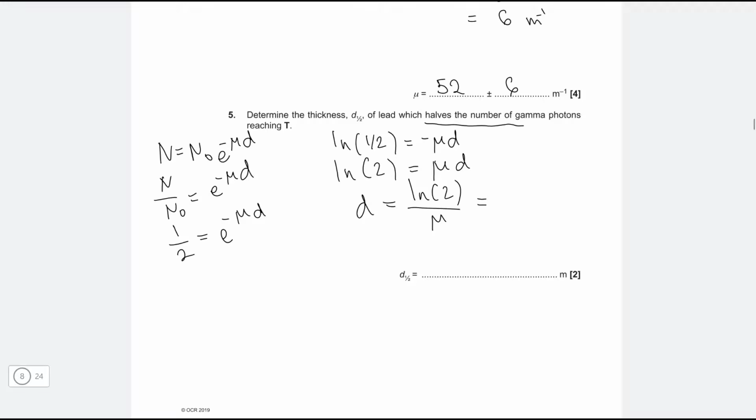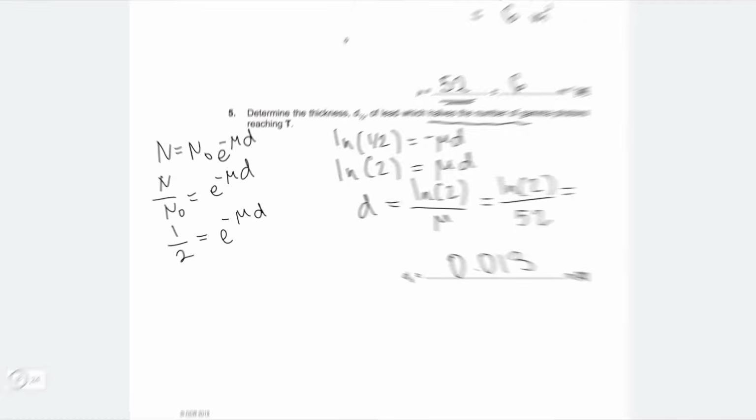So we're going to use this answer here that I'm underlining. So it's going to be ln of 2 divided by 52, which is about, let's see, 0.013 meters.